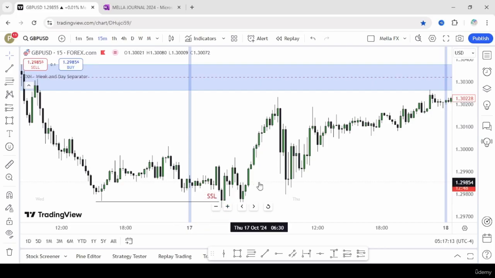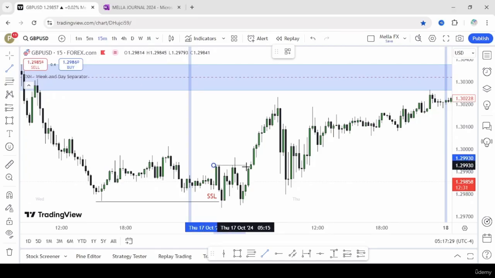Then what we are looking for is whether we saw an immediate market move away from that sell side towards the opposing side, breaking market structure. That is what we are looking for. We can see here there was also this sell side liquidity.